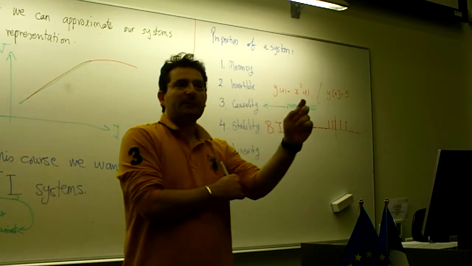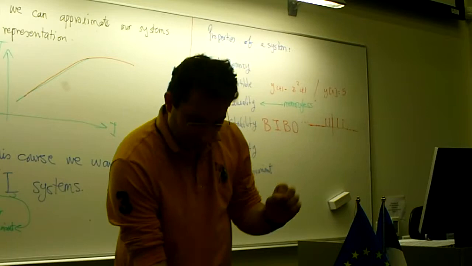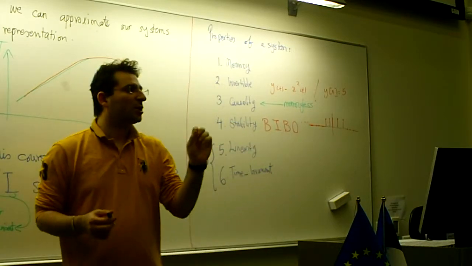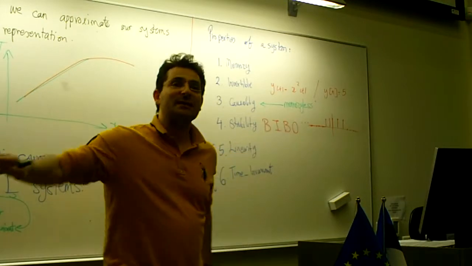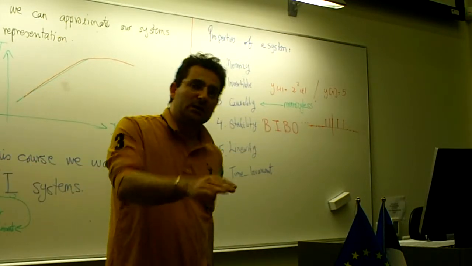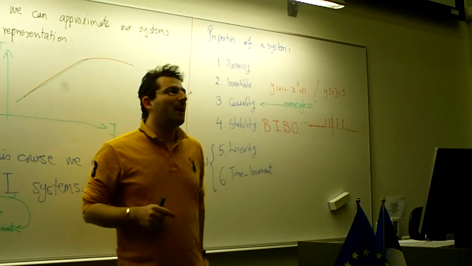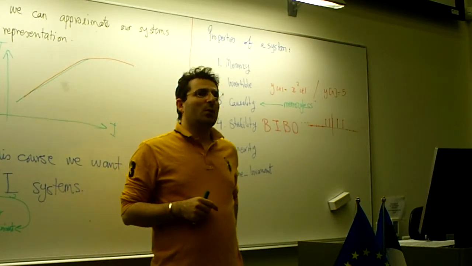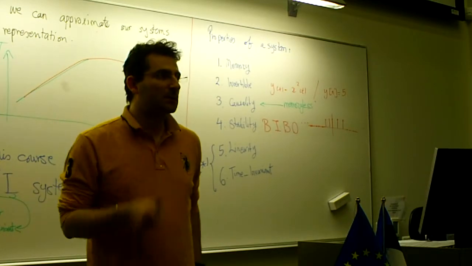Okay, let me put the question in this form. When we have a signal, we are talking about two parameters. One is time, the other one is the magnitude. So when we say that the signal is bounded, what should be bounded, the time or the magnitude?